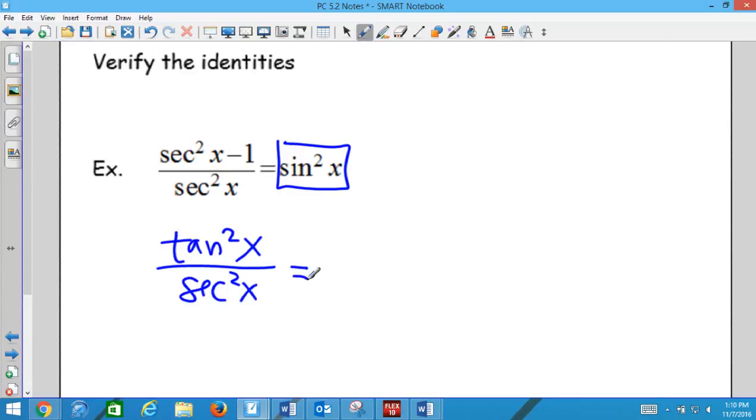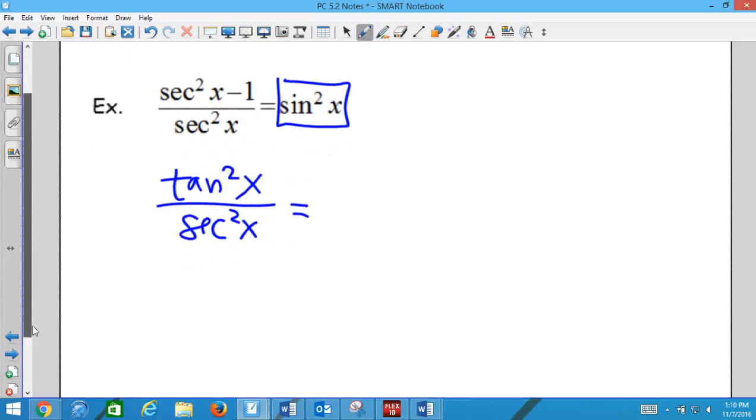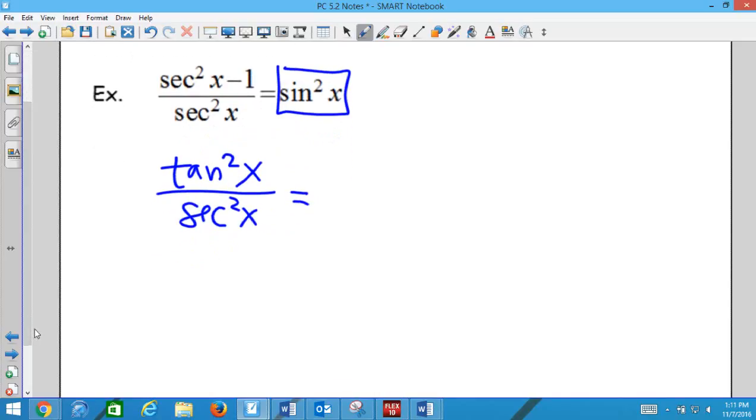And we need to get it to sine. So what else do they do? Secant is the reciprocal of cosine. So what do you want to do? You want to replace that with 1 over cosine? Or do you just want to move the secant to the top and make it cosine?